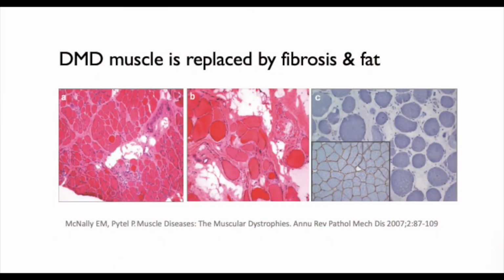As we can see in this picture in front of you, two boys aged 5 and 7, who are siblings, there is a change in the shape of the muscle and the muscle cells with time. Because of the weakness, the muscle is replaced by scar tissue as well as fat.